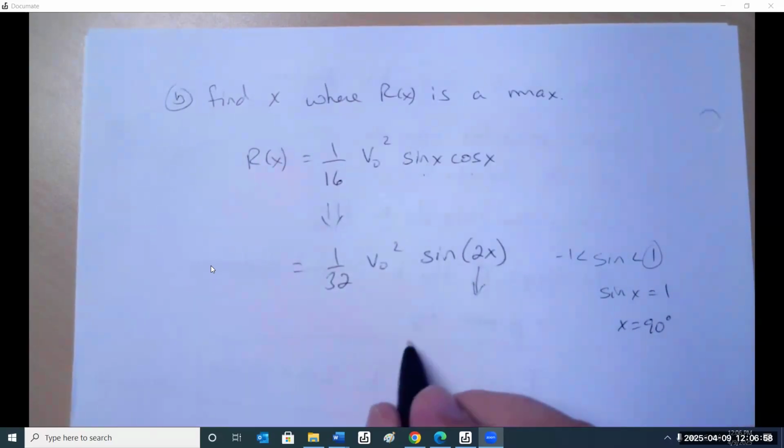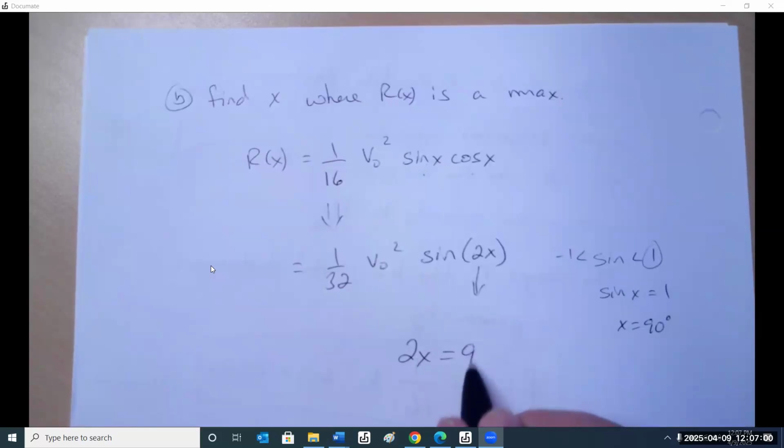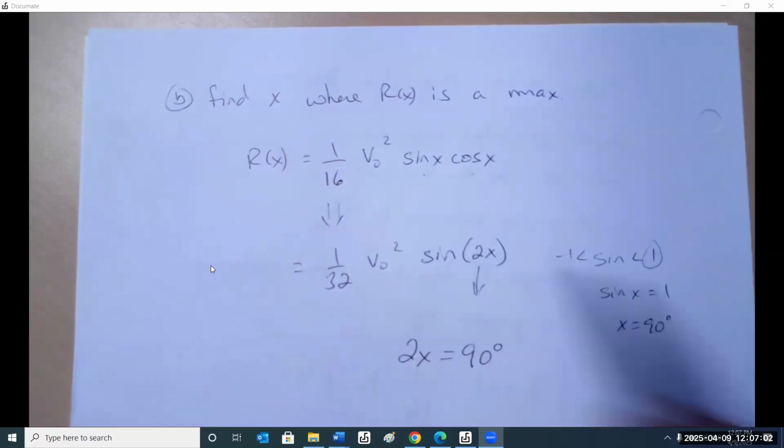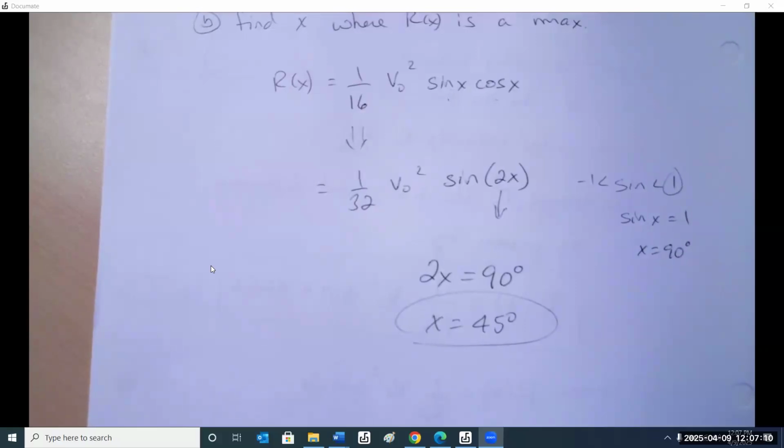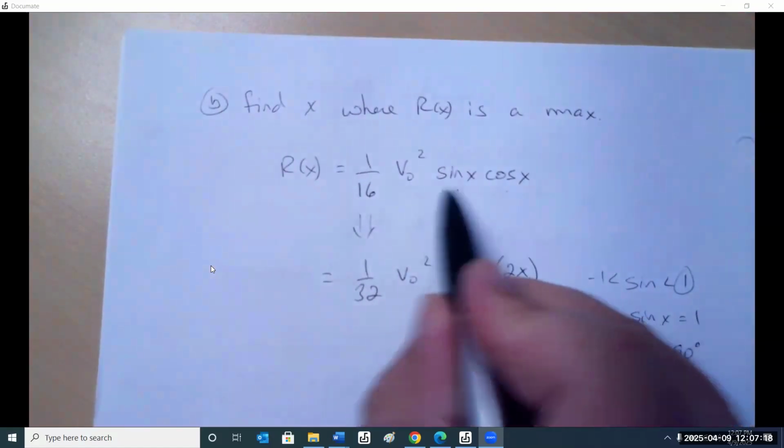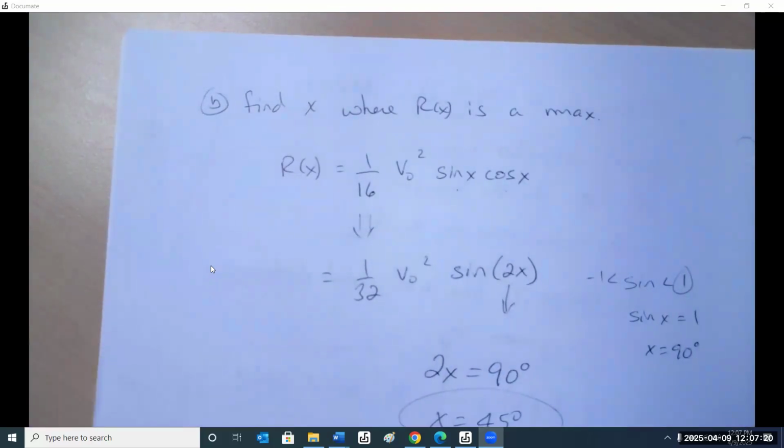So if we take 2x and set that equal to 90 degrees, where sine gets its maximum value, then x is equal to 45 degrees. That will give the function its maximum distance. Remember, sine and cosine have to be between 1 and -1.